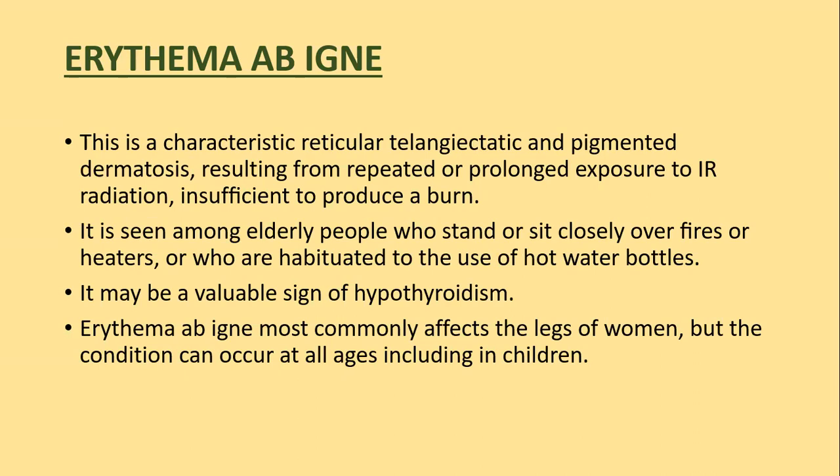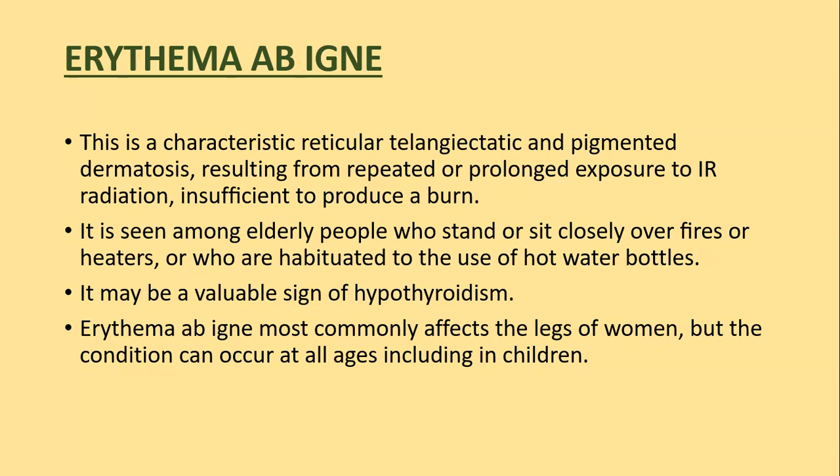It is seen among elderly people who sit and stand close to a fire or heater or are habituated to the use of hot water bottles. It is also a valuable sign of hypothyroidism.